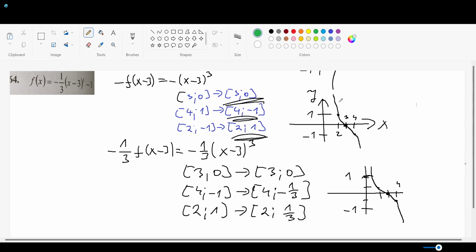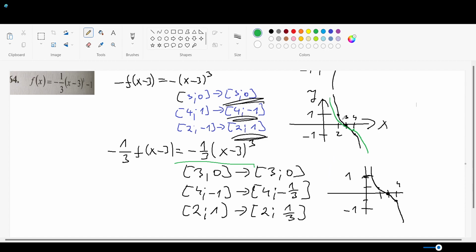But let me draw this graph again here in this part. What will happen is that instead of going through this point, we will go through this point, so the whole graph will behave this way.